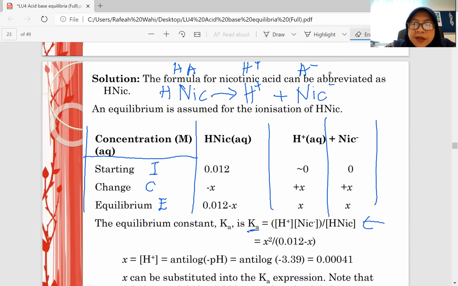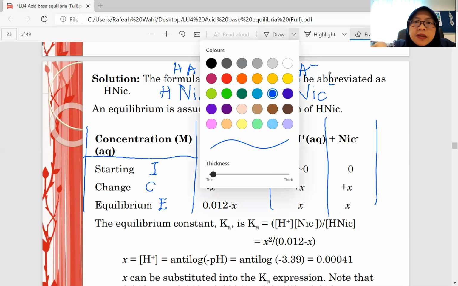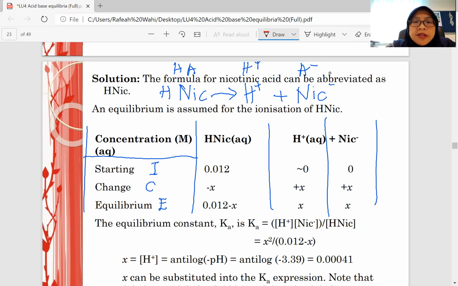We leave this behind first because we need to go back to our ICE table. We already have the dissociation reaction. From the question, we know that the initial concentration for nicotinic acid is 0.012 molar.